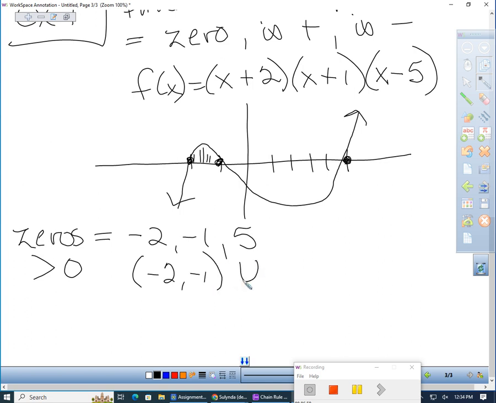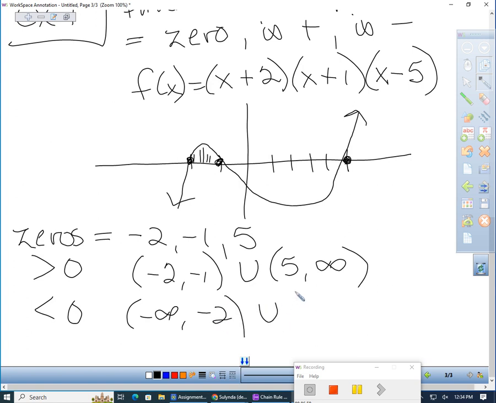Where else is it greater than 0? Yep, 5 to infinity. And where is it less than 0 or negative? From -1 to 5. Perfect. That's all you're having to do for the first few.